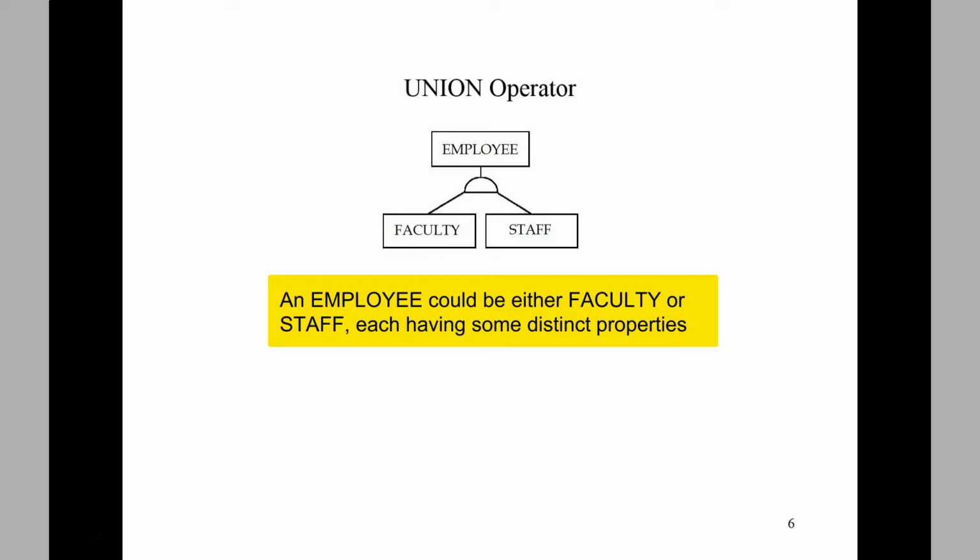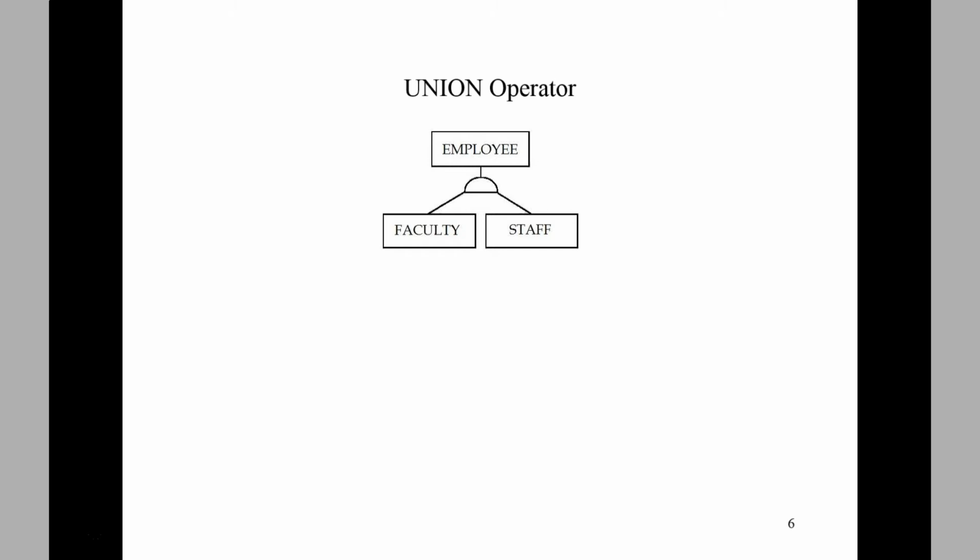The behavior alone is not what causes us to focus on a distinction between the two types of employees, but rather the importance comes from the idea that we have different descriptions. There may be many different attributes associated with faculty that don't apply to staff, and likewise various attributes that apply to staff that don't apply to faculty.